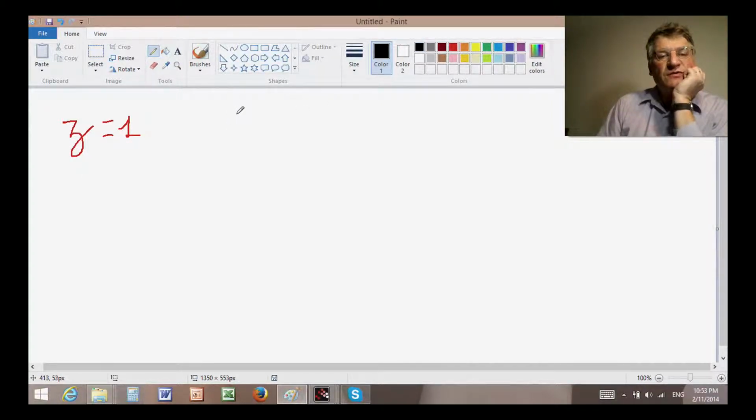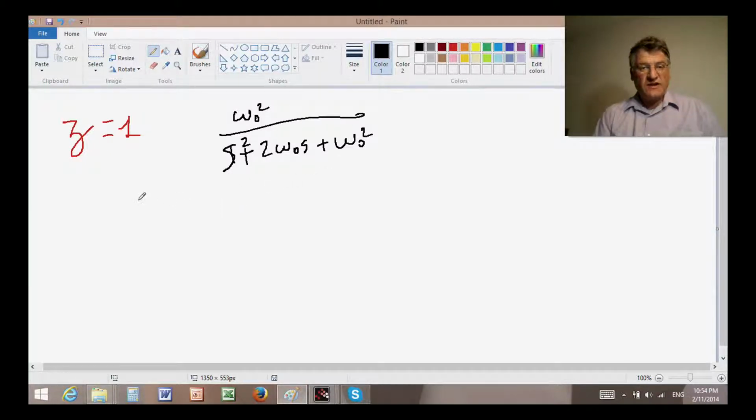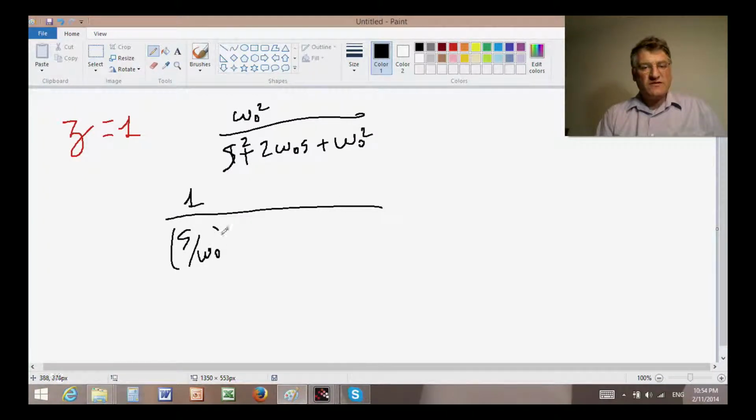In this case, our transfer function will be omega 0 squared divided by s squared plus 2 omega 0 s plus omega 0 squared. Okay, and what I can do is rewrite it as 1 over s divided by omega 0 squared plus 2 times s over omega 0 plus 1.